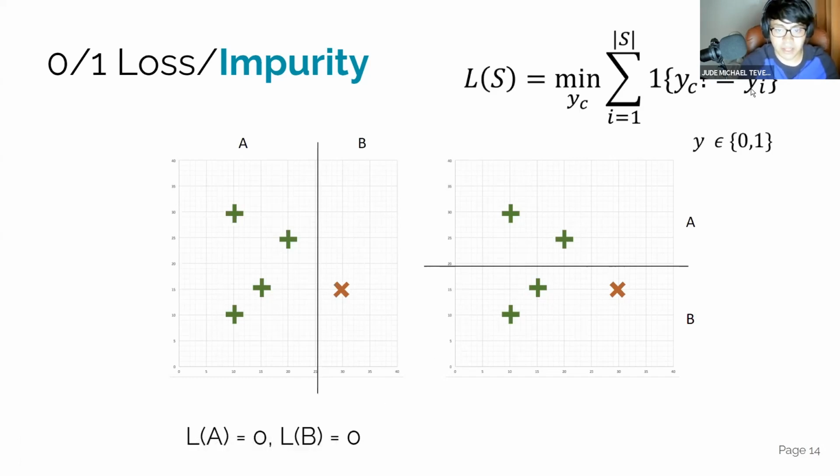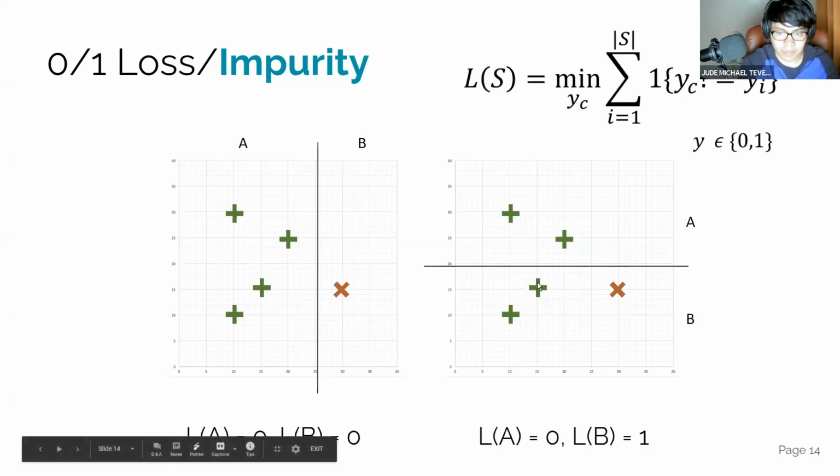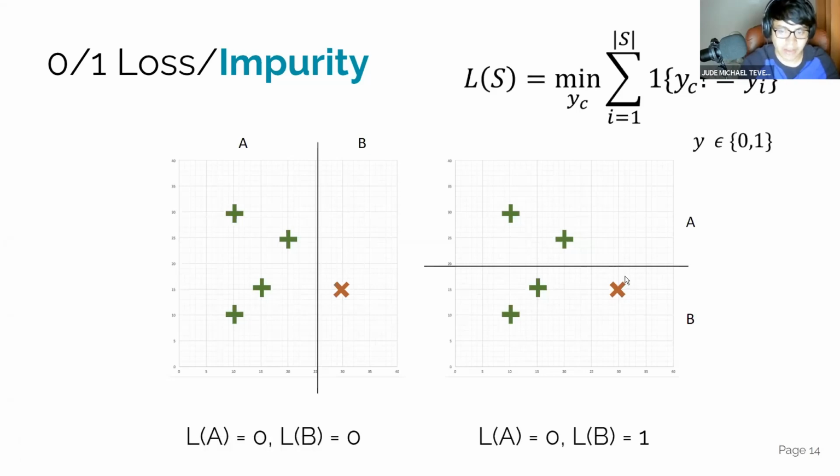But if our splitting is something like this, a horizontal line, in set A, we'll have an impurity of 0 because it's just one class. But in set B, we'll have an impurity of 1 because it's the minor class and the count of the minor class is 1.